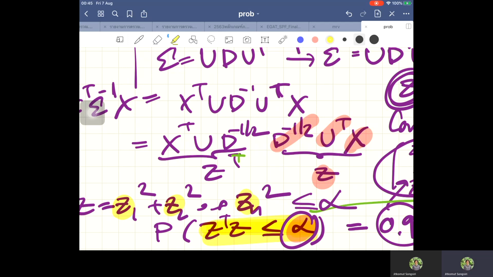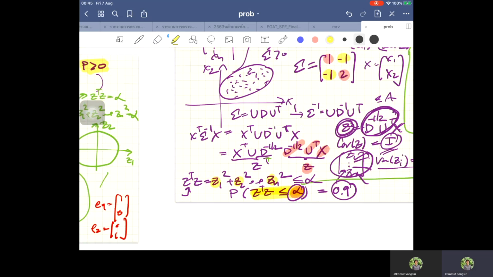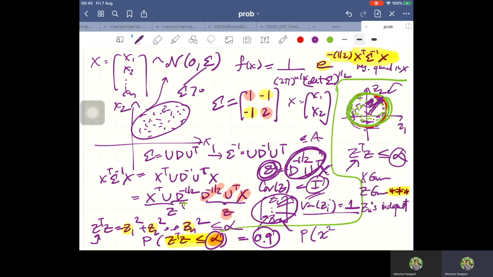So the sum of squares of independent Gaussians is chi-square. So what you're deriving here is actually the probability of a chi-square variable with n degrees of freedom, because you have n terms here.